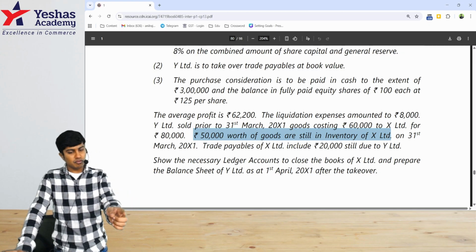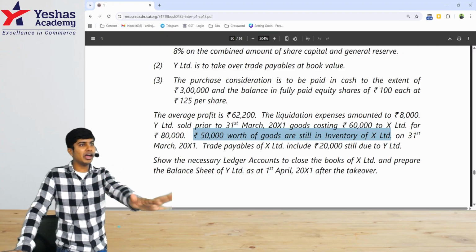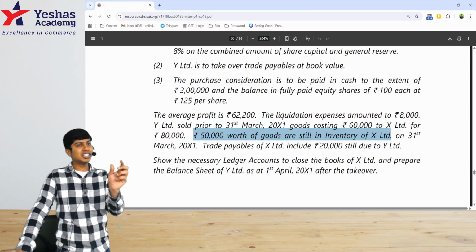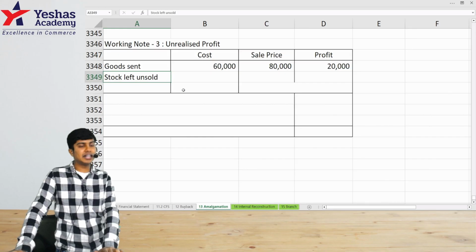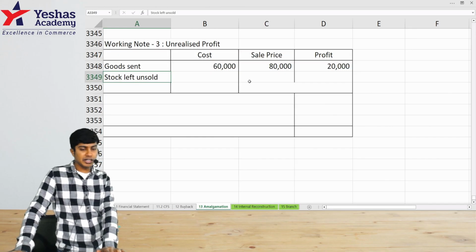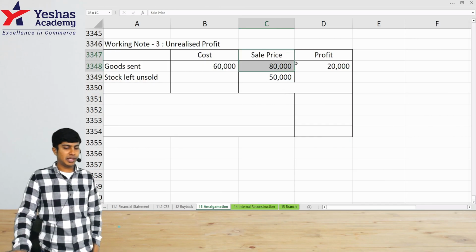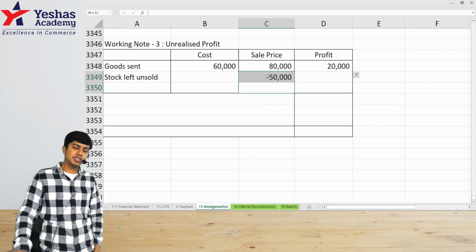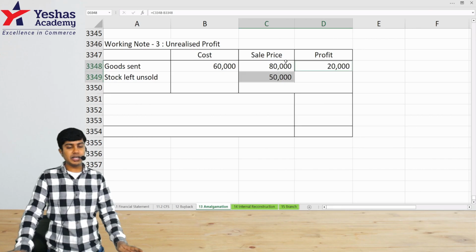They are telling worth of goods are still in inventory of X. If they had told Y, then I would have taken it as cost. Because it is from the standpoint of X, goods remaining unsold is 50. If 80,000 worth of goods sell, you make 20,000 profit. On 50,000 worth of goods, how much profit will you make? 50 into 20 divided by 80.